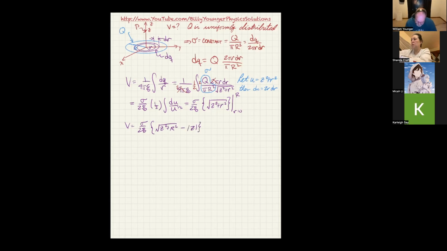Okay, the absolute value you don't have to pay much attention to, but that is the actual voltage right there. Okay, any questions on that one?